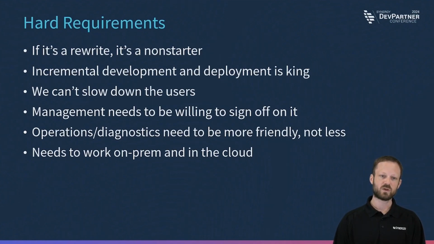Next up, we really can't slow down the users. The feedback that I pretty consistently get from users of DBL-based applications is, it's so fast. I know what I'm doing. I work on my 10 key or I press various buttons through the keyboard and I zip through order processing or I zip through moving this item to where it's supposed to go.